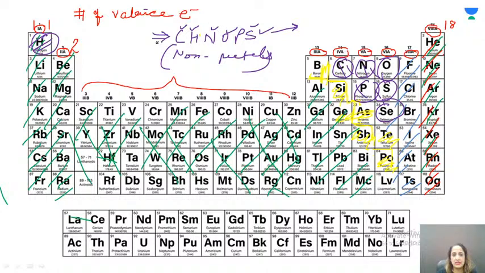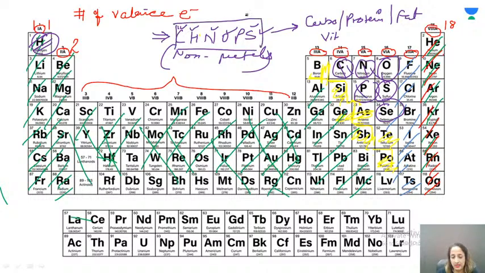So these elements are a very important part of our carbs, our proteins, our fats, our vitamins, right? So these elements which I have colored purple make up important components of the human body. Okay, so now I have covered all the elements and how they are grouped together.